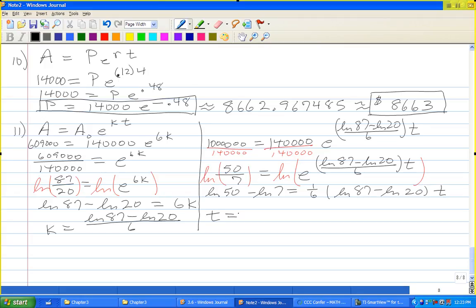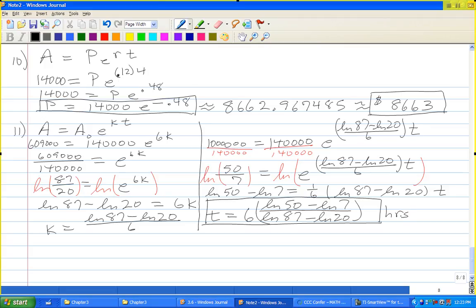Therefore, t is equal to 6 (ln 50 minus ln 7) over (ln 87 minus ln 20). And these are in hours.